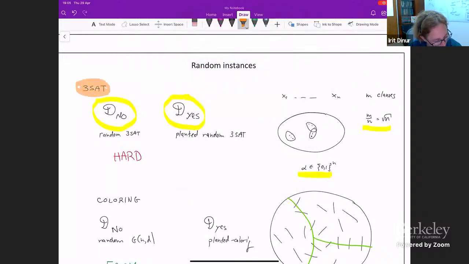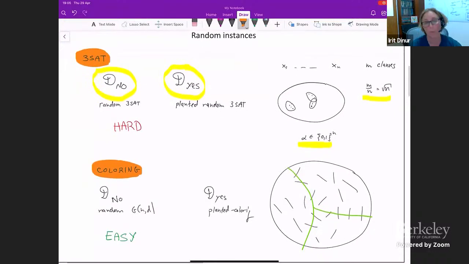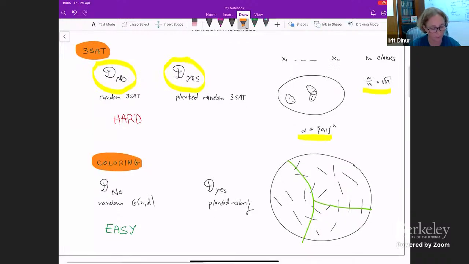Now let me move to a similar CSP, which we talked about earlier, which is the coloring CSP. We can look at two similar distributions for coloring. The no distribution is when you just select a random d-regular graph. This is the distribution of selecting a random d-regular graph. And the planted distribution is the same, but so here I drew this picture.